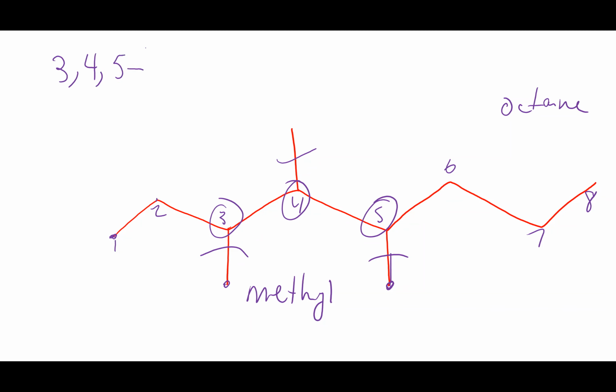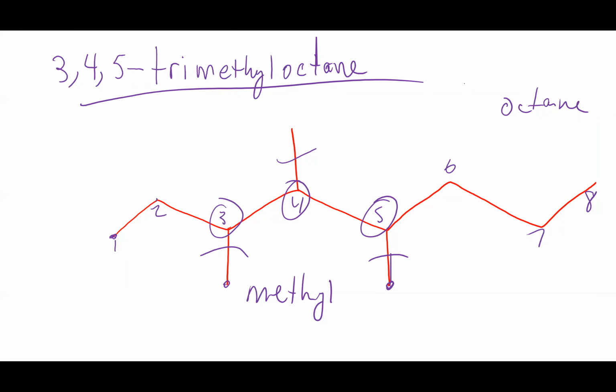Because there's three of them, I would use tri, and then I would say methyl, octane. I was just about to say pentane. Octane. So 3,4,5-trimethyloctane. Guys, these are crazy chemicals I'm naming. They're not the common ones you would see in the lab, but there you go.